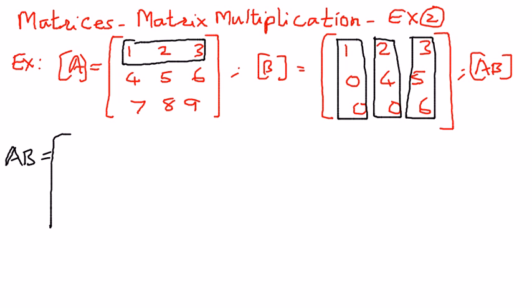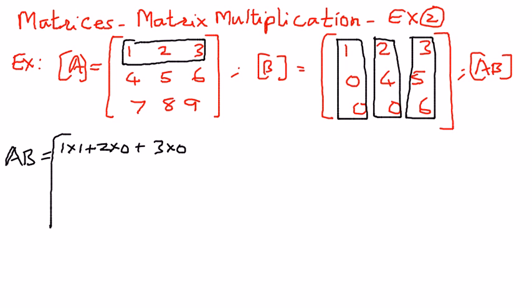So in here we take 1 and multiply the first row of the first matrix to the first column of the second matrix. 1 times 1 plus 2 times 0 plus 3 times 0. That is the location of the product matrix, which is first row first column.